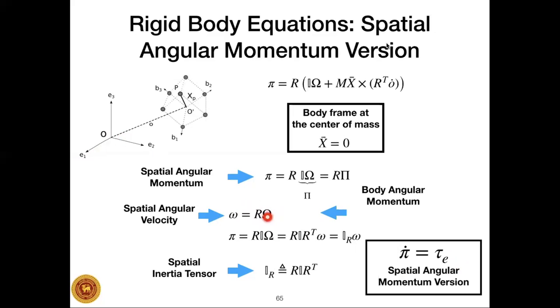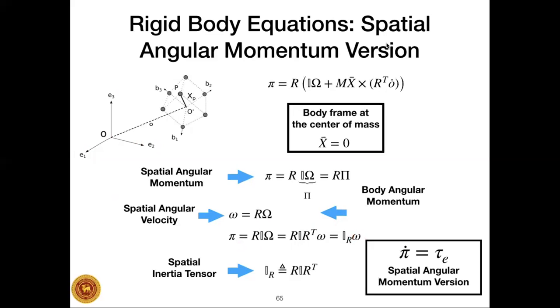So the angular velocity, if you write it down in terms of how much along E1, how much along E2, and how much along E3, you get simple omega, and that we call the spatial angular velocity. Now, if you write this down, we get an equivalent version of the body angular momentum, the spatial angular momentum in terms of the spatial angular velocity.